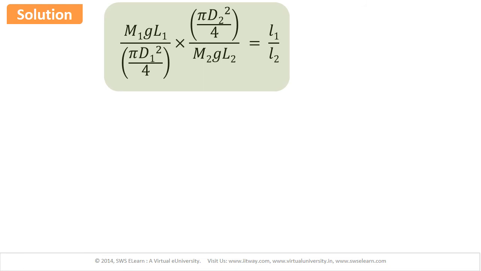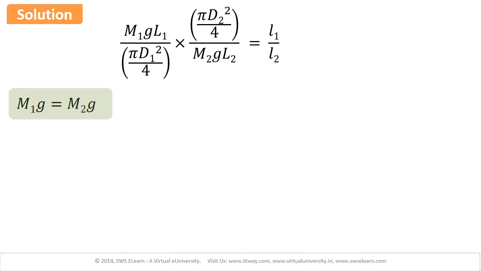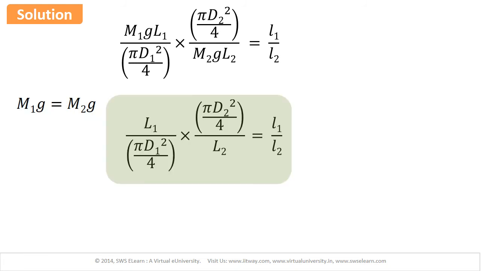The weights applied to the two wires are the same, and therefore M1g equals M2g. Substituting this value, we get L1 upon pi d1 square upon 4 into pi d2 square upon 4 whole upon L2, and that is equal to small l1 upon small l2.